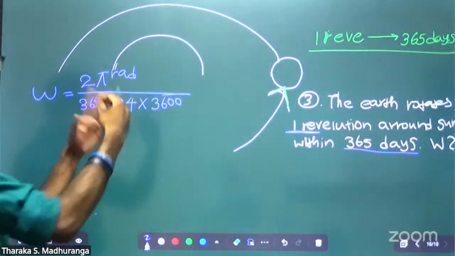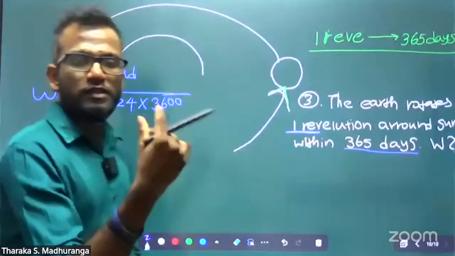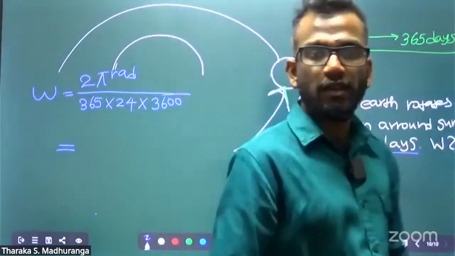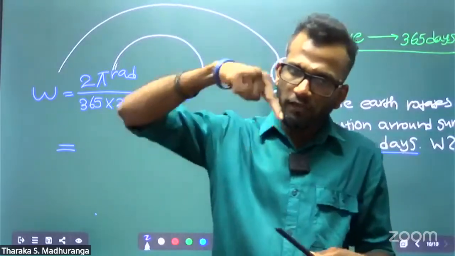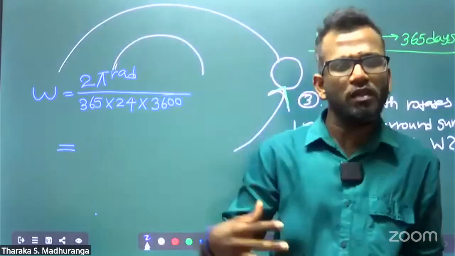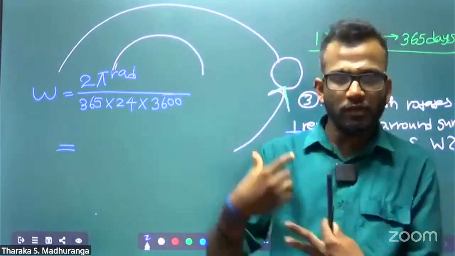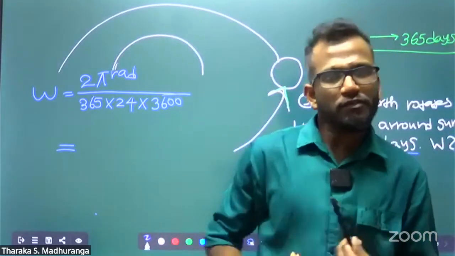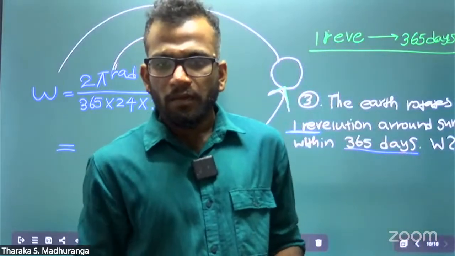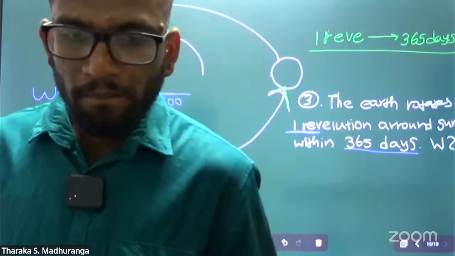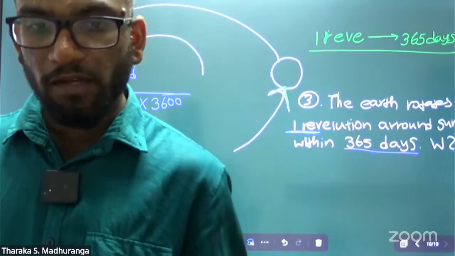If you get this value, this is the angular velocity of the Earth around the sun. We move around the sun with this very small angular velocity. That's why we can't feel it. Actually, now also we are rotating, but we can't feel it. This is about 31,000,000 seconds.